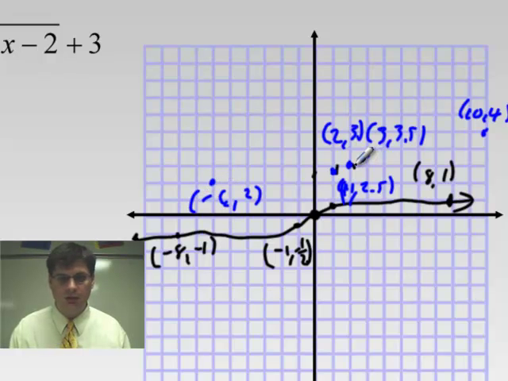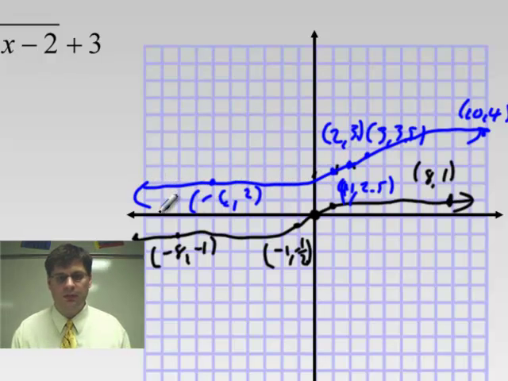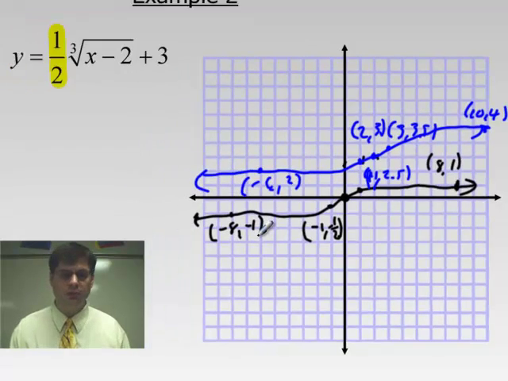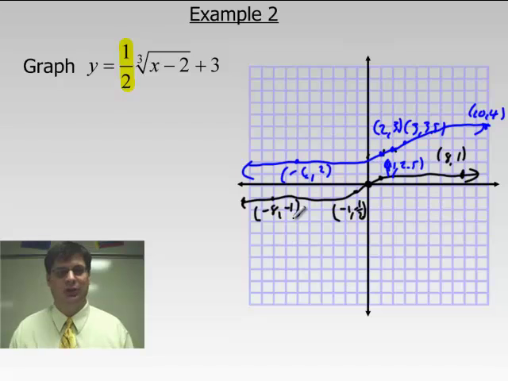Then we'll connect those points to the best of our ability to show our curve. There we go. So that would be my cube root, more or less. Ugly graph, I know, but try the best we can. Alright, so anyway, that's graphing square root and cube root functions.